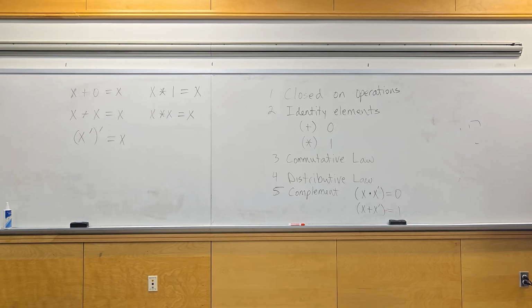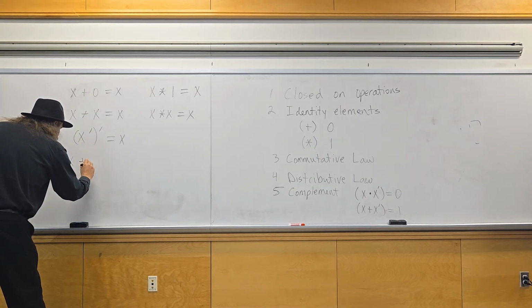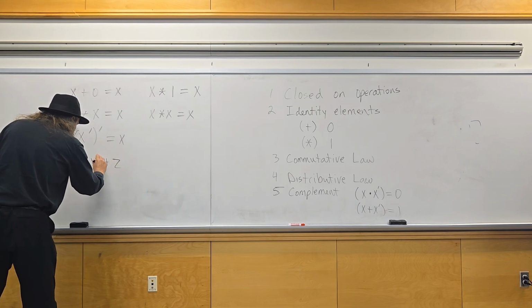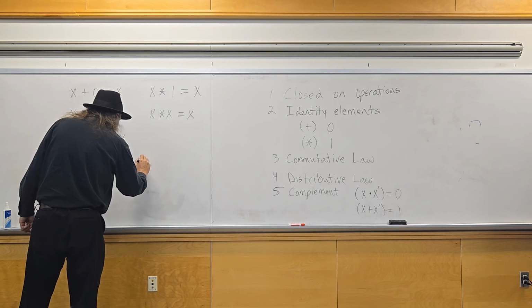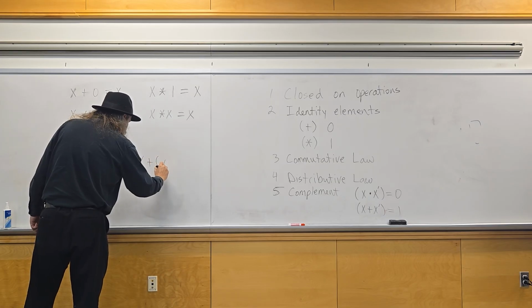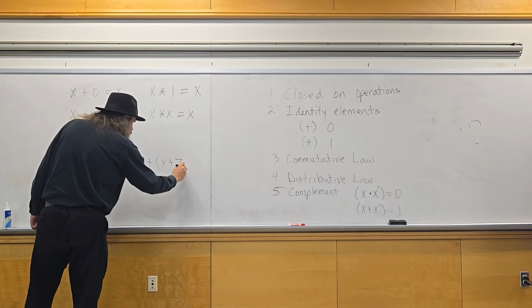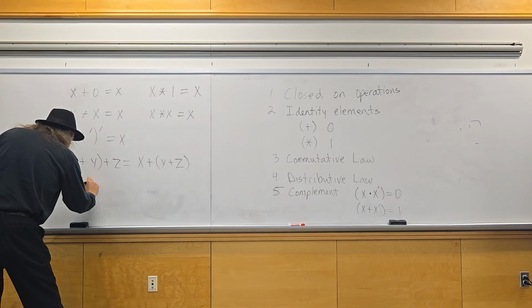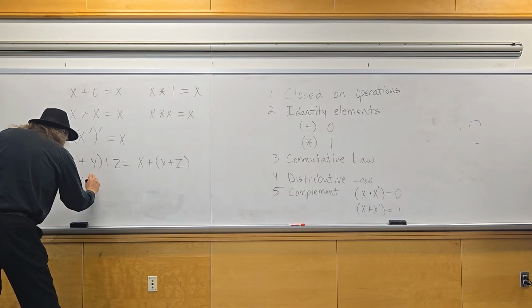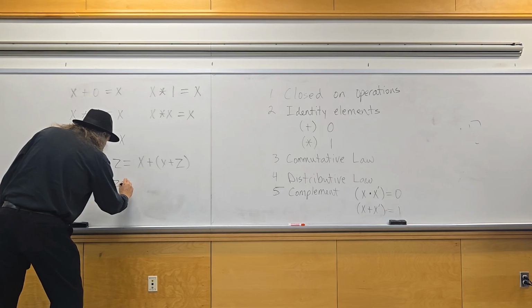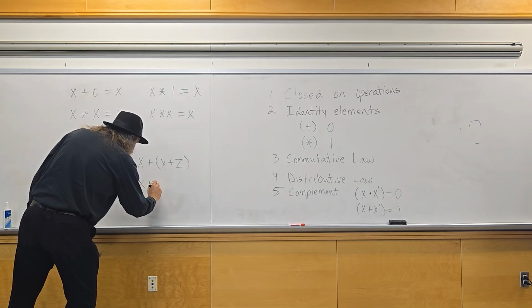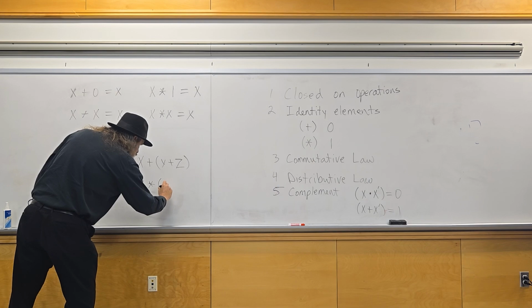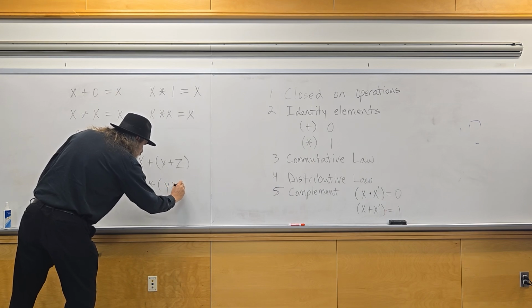So here we did the commutative, distributive, associative. Okay, yeah. X plus y plus z equals x plus y plus z, grouped either way. And likewise, x and y and z equals x and y and z.